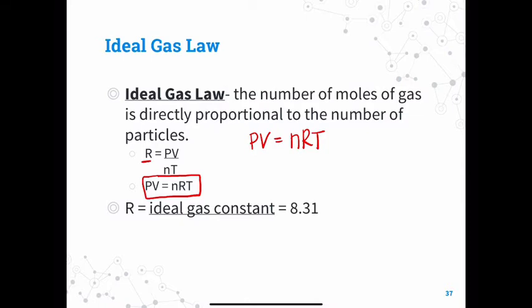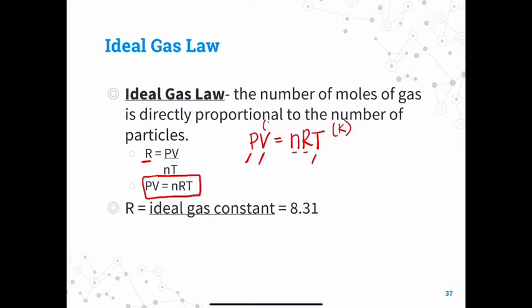So you should recognize most of these variables because we've talked about them. P stands for pressure. V stands for volume, okay? Now we haven't talked about n or R. We'll come back to those in a moment. But T stands for temperature, and that has to be in Kelvin, okay? I'm going to write a little K up here because that has to be in Kelvin.